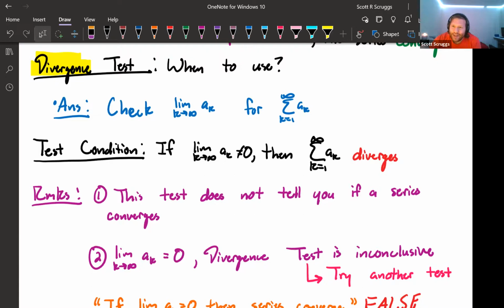I saved myself a lot of work by saying, by the divergence test, the series will diverge. That's why the divergence test could be beneficial in comparison to the other tests, because it is a very short and sweet way to get the divergence of a series if the limit is very doable to calculate.